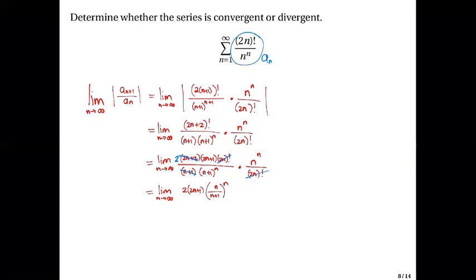So if you have a to the r, this is e to the r ln of a. So you can always use this. Which means this guy here, you will have the limit as n approaches plus infinity of 2 times 2n plus 1, and then you will have e raised to n ln of n over n plus 1.